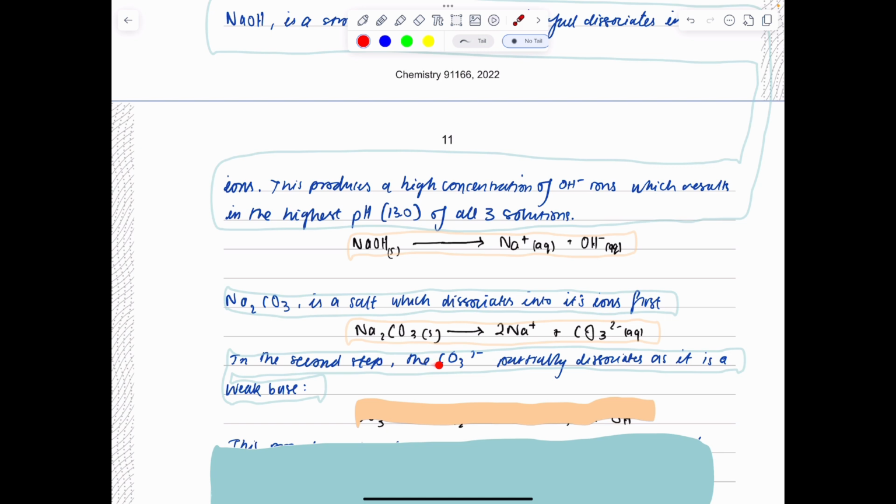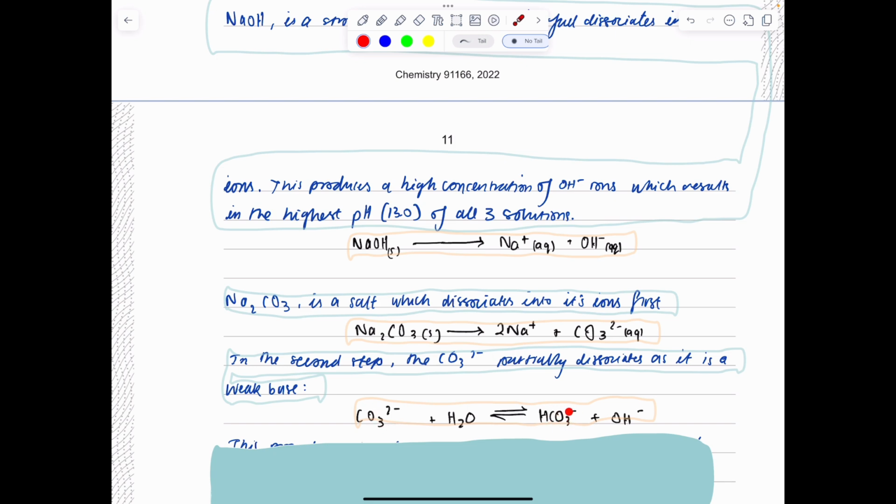And the second step is the carbonate, okay, CO3 2-, partially dissociates as it is a weak base. Okay, so we've taken this, it acts as a weak base, and so we use equilibrium arrows. So what it's done is it's reacting within water, and because it's a base, it's going to accept a hydrogen, and by accepting a hydrogen, it turns into HCO3-.